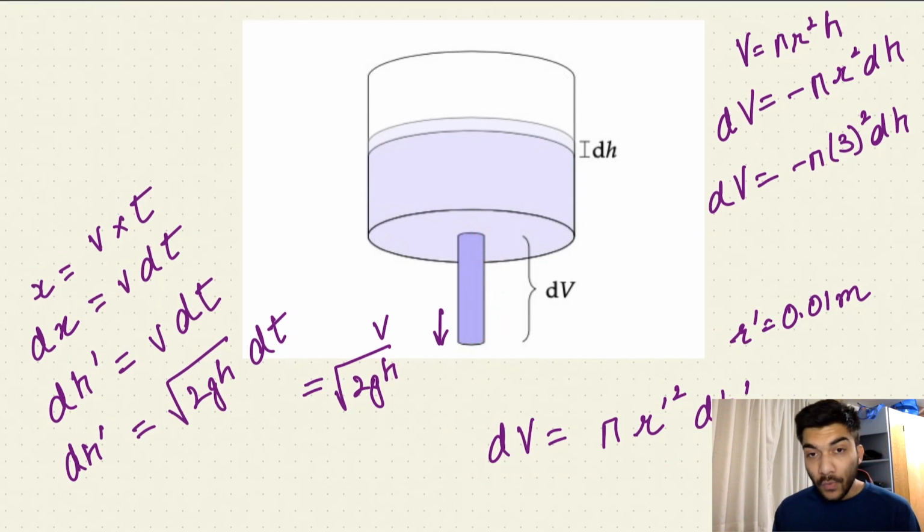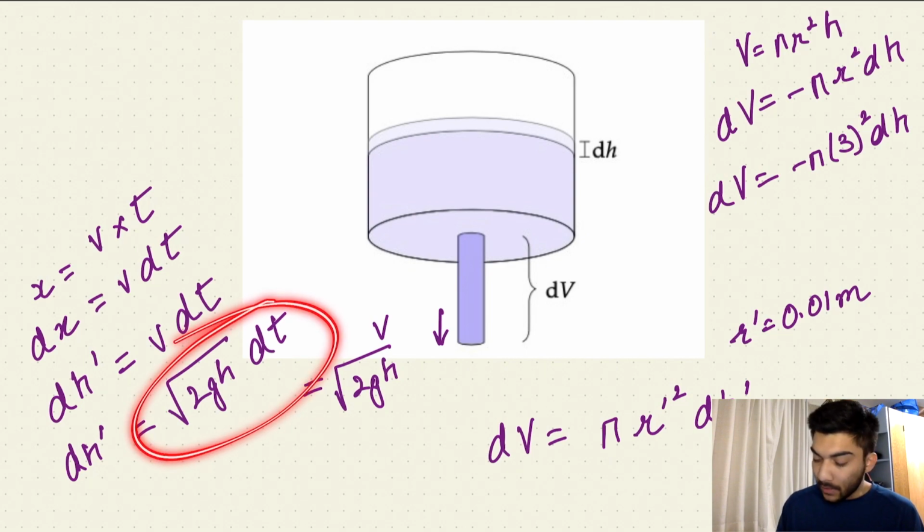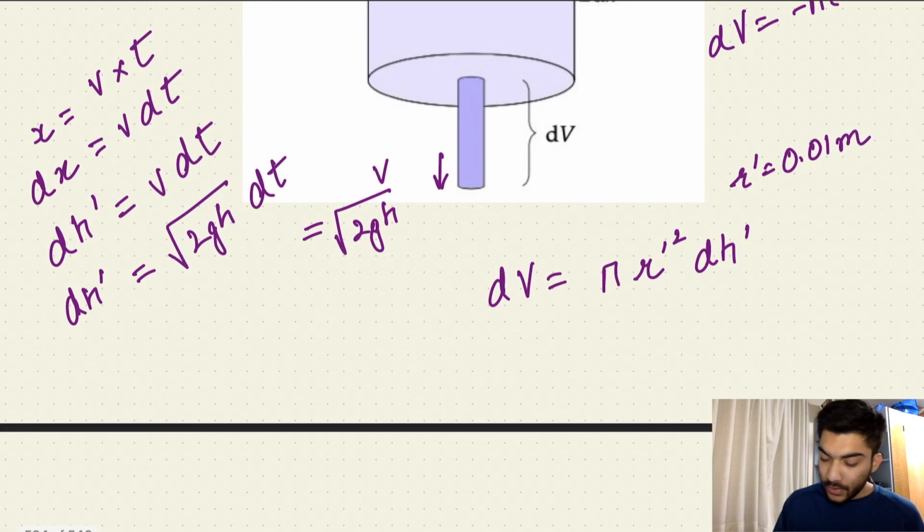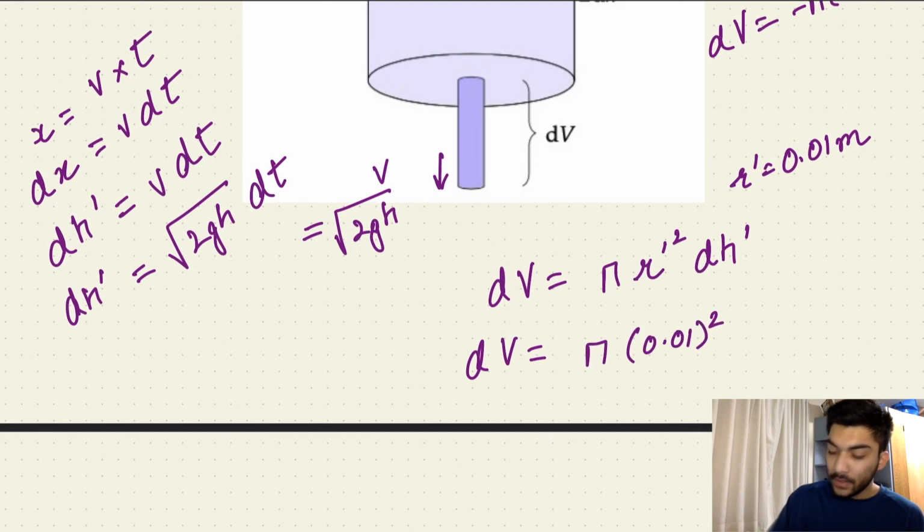So now this dh dash is basically the increase in height of water which is coming out of the hole. So now we can plug in all the values that we calculated so far into this equation to find the change in volume. So our change in volume, which is the increase in volume at the bottom of the cylindrical vessel, would be simply dV equals pi times 0.01 squared, because our r dash is 0.01. r dash is basically the radius of the hole.